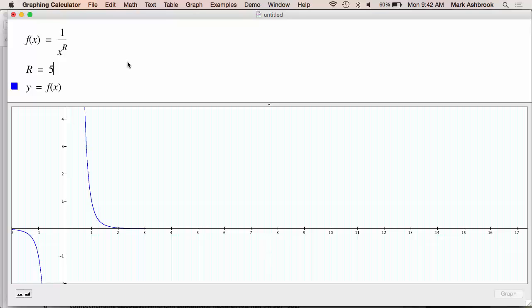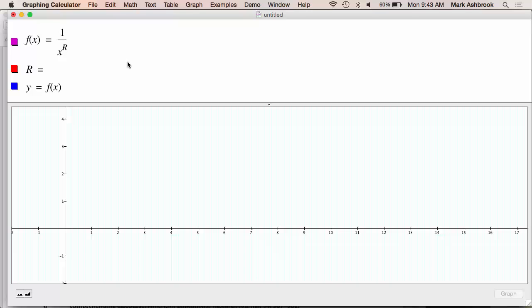So now 1 over x to the 5th, we talked about this principle before, it's the same thing but discretely. It's going to get to 0 a lot faster because that denominator is getting a lot bigger, a lot quicker. Okay, so then what about something less than 1?